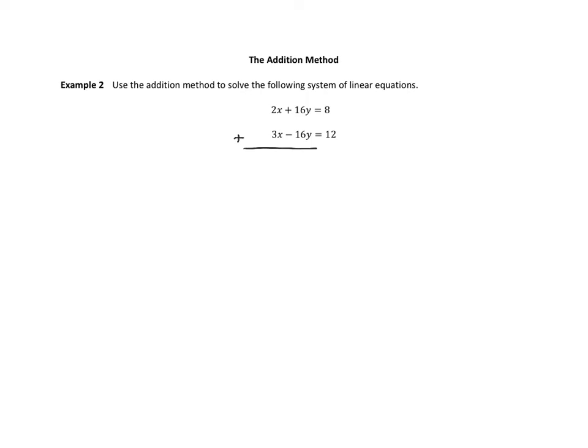What you can do is add together the left and the right sides of the equations, term by term. So 2x plus 3x is 5x. I'll put it for emphasis, but 16y plus negative 16y is 0y. On the right side, we have 8 plus 12, which is 20. And really, I think it'd be fine to write 5x is equal to 20. You don't have to put the 0y in here.